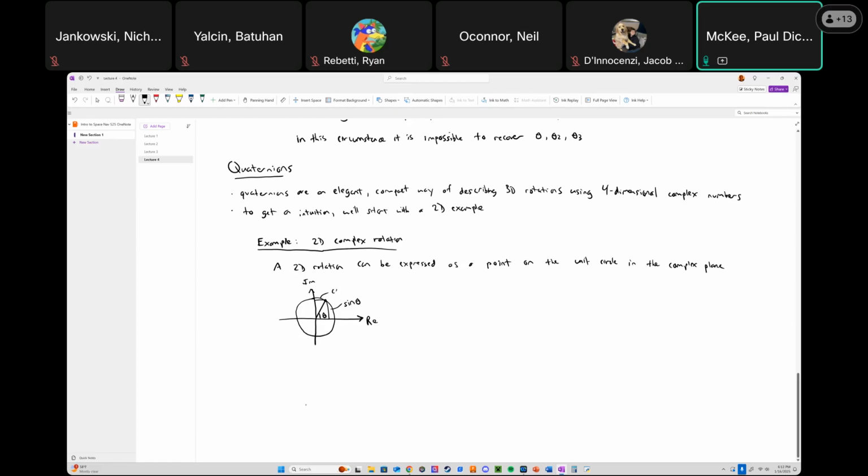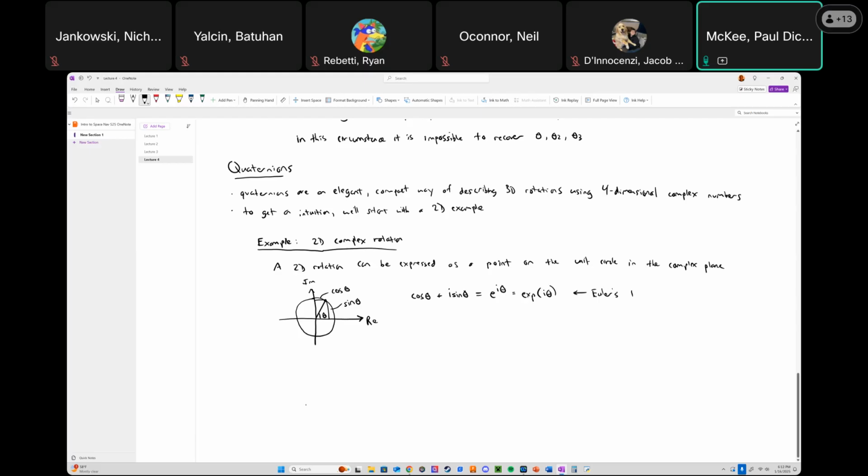This distance here is the cosine of theta. So this point is going to be what? Cosine of theta in the real direction plus sine of theta in the imaginary direction, multiplied by the i vector. You might be familiar that this is the same thing as e to the power i theta, the exponent i theta. And this is Euler's formula.